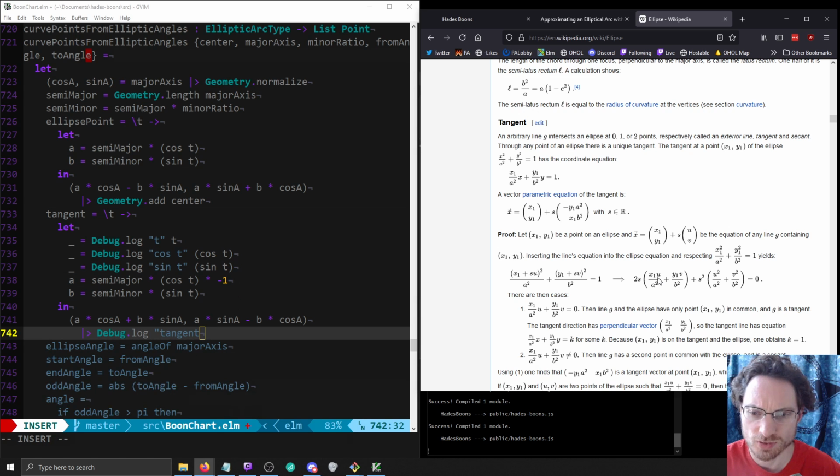Vector parametric equation. The tangent at a point. You see, this is like an optimized version. Like, it calculates the point as it's also doing the tangent.